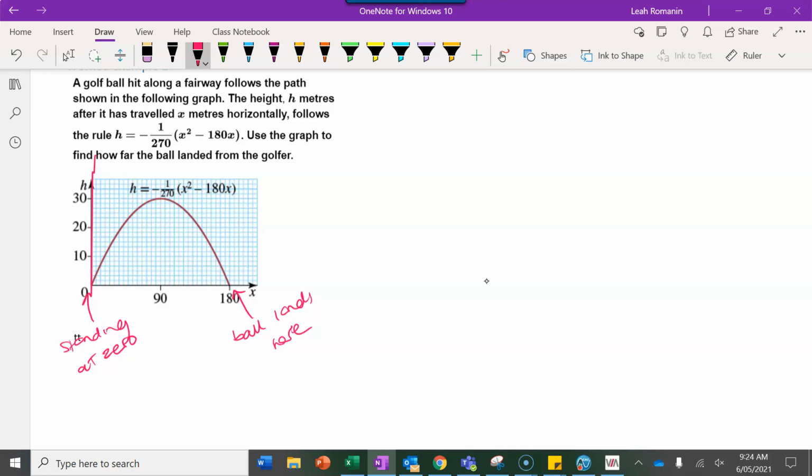Does anyone want to suggest an answer for me? And yes, it is as obvious as you think. 180, good, because we can see our 2 x-intercepts here are at 0 and 180. Yes, so 0 and 180 are the solutions. That 0 was where he's standing, so we infer that the 180 is where the ball has landed. Okay.